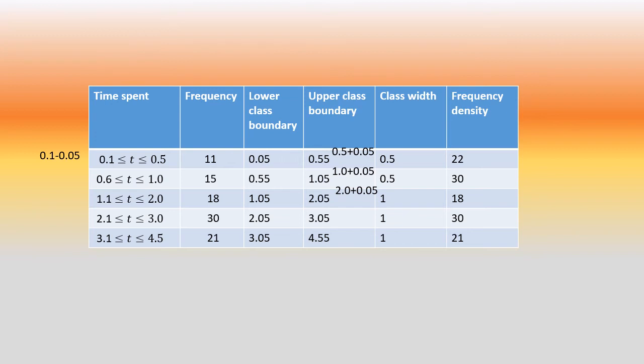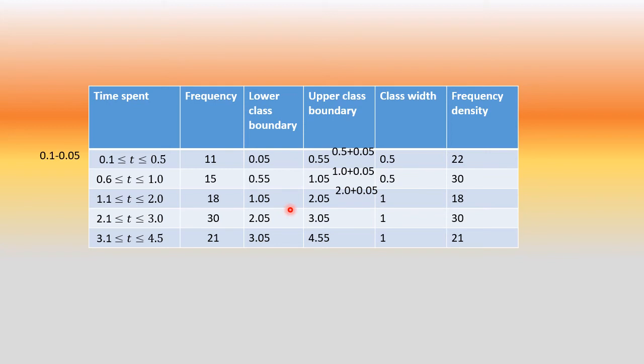Thereafter, when you subtract the lower class boundary from the upper class boundary, that means the difference between 0.55 and 0.05, your class width is 0.5. When you take the difference between 1.05 and 0.55, you will get the class width as 0.5.